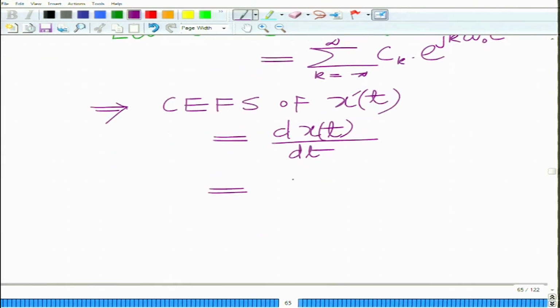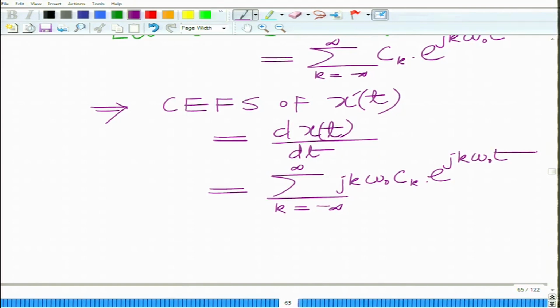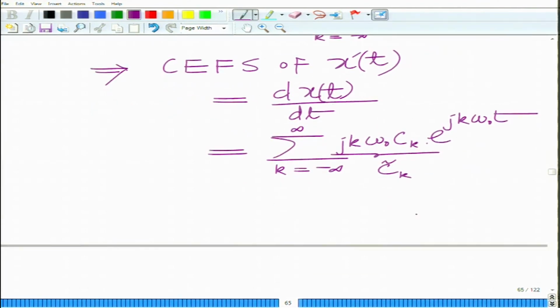If you differentiate this, you have summation k equals minus infinity to infinity, j k omega naught C k e raised to j k omega naught t, and this is basically your C tilde k. You can call these the coefficients of the complex Fourier series, C tilde k.